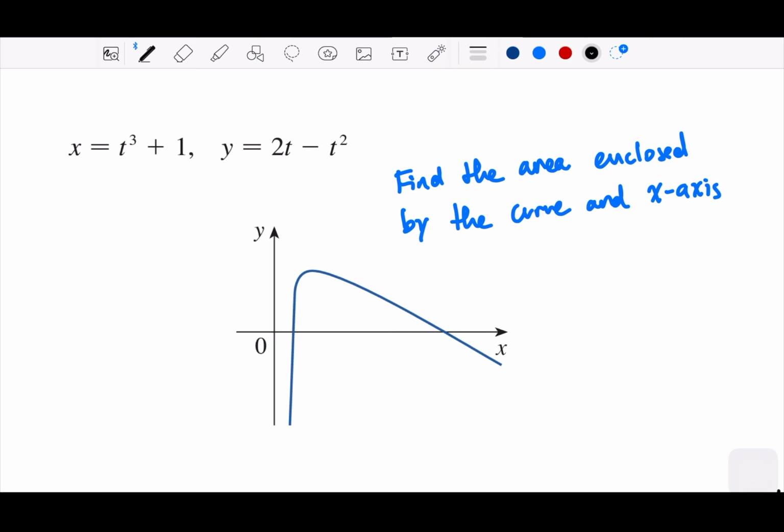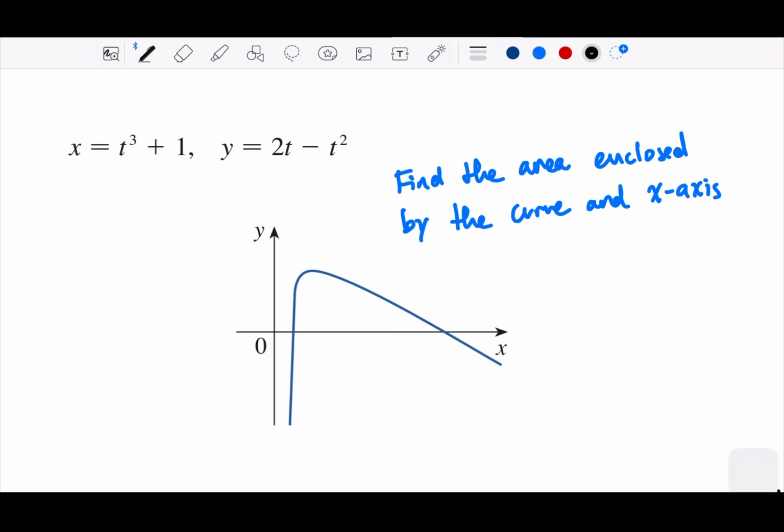Remember, in parametric, we still deal with the usual Cartesian x and y. The way you solve this is basically similar to our original calculus one. But the difference is that in the computations in the middle of the process, we are going to switch to dt.